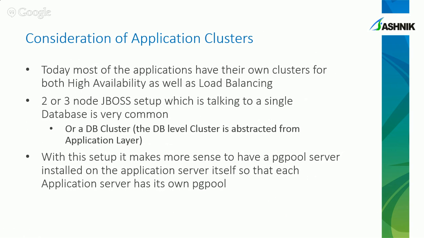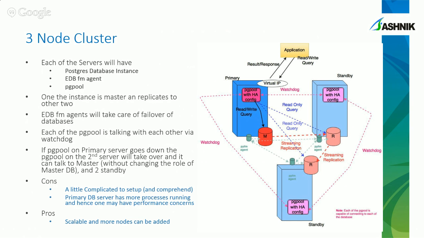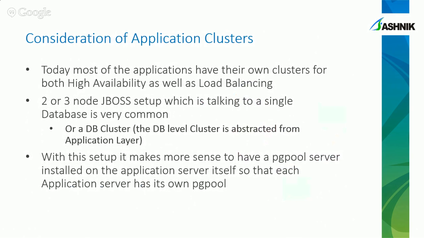Now when we were talking to our customers and we were implementing these setups, which we discussed on previous slides, we gradually realized that our customers are also using application clusters. They also have a different mechanism for high availability at the application level, which does redundancy as well as it achieves load balancing.